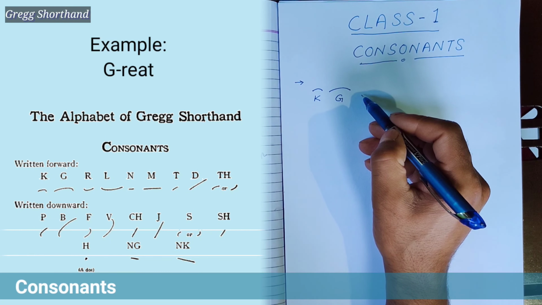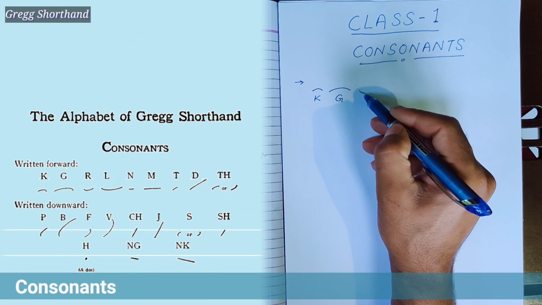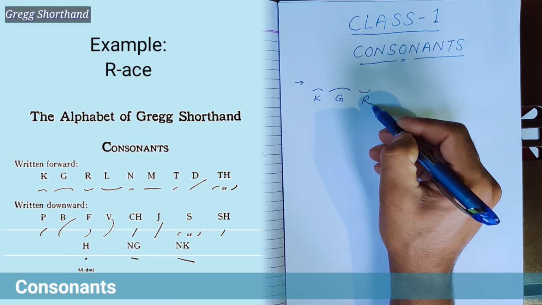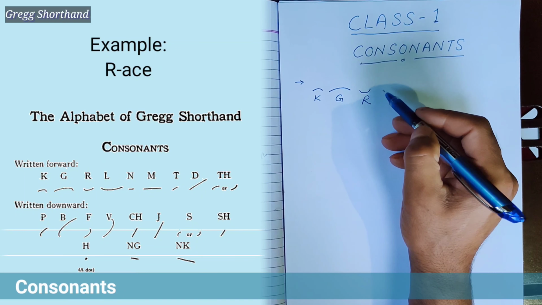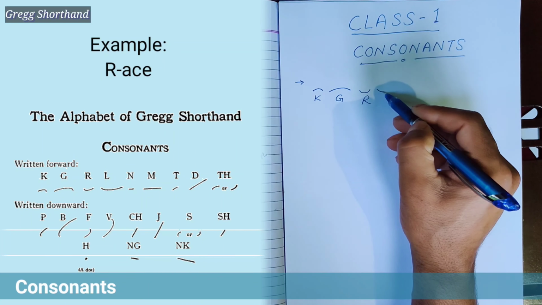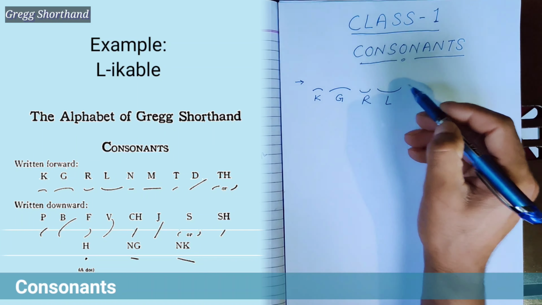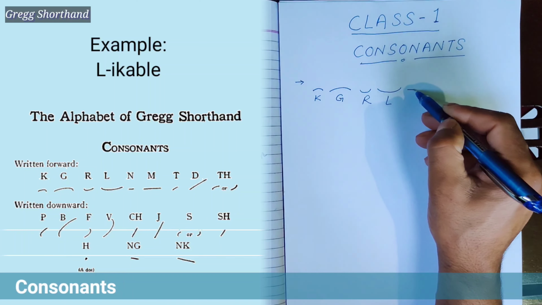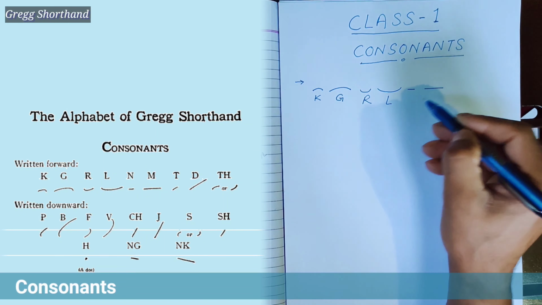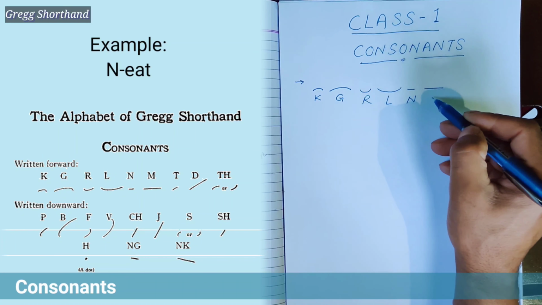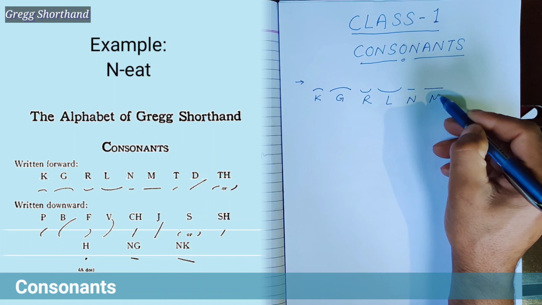So next we have R, as in race, run. We have another, L, a little bit longer than R. In the same way we have N and M. This is N, shorter, and then we have the longer one, the M character.